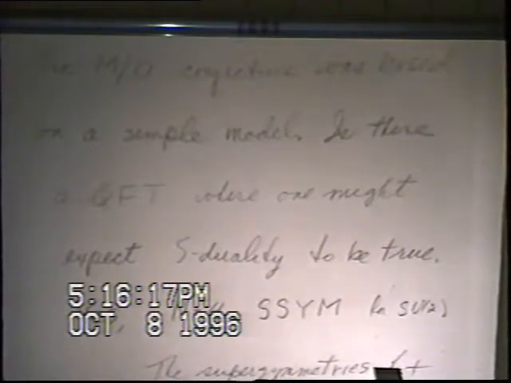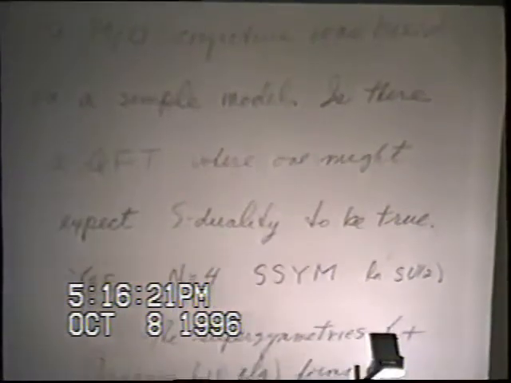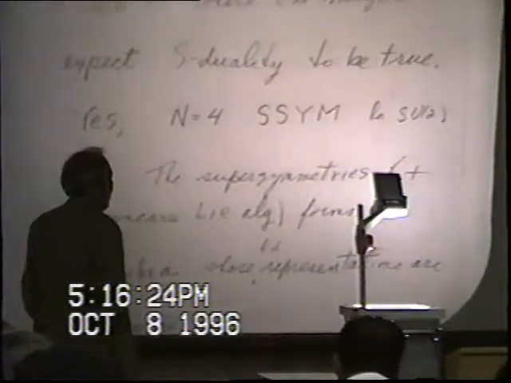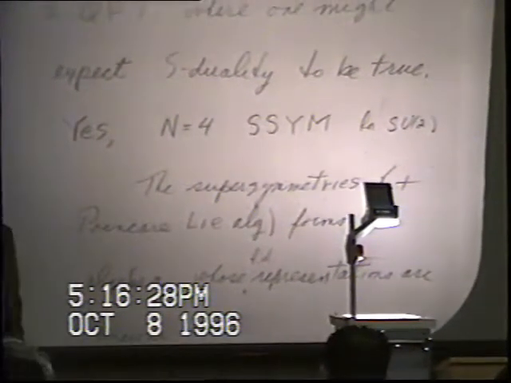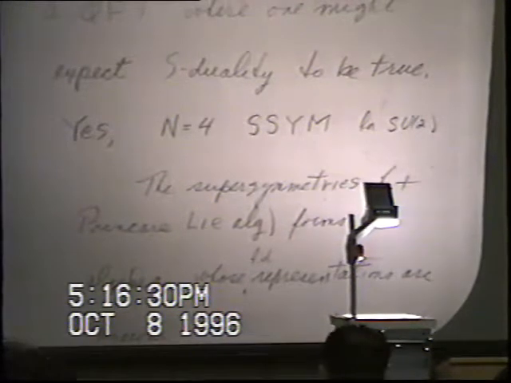The answer is yes. It would appear that N=4 supersymmetric Yang-Mills for SU(2) is supposed to be a theory for which this duality takes place.